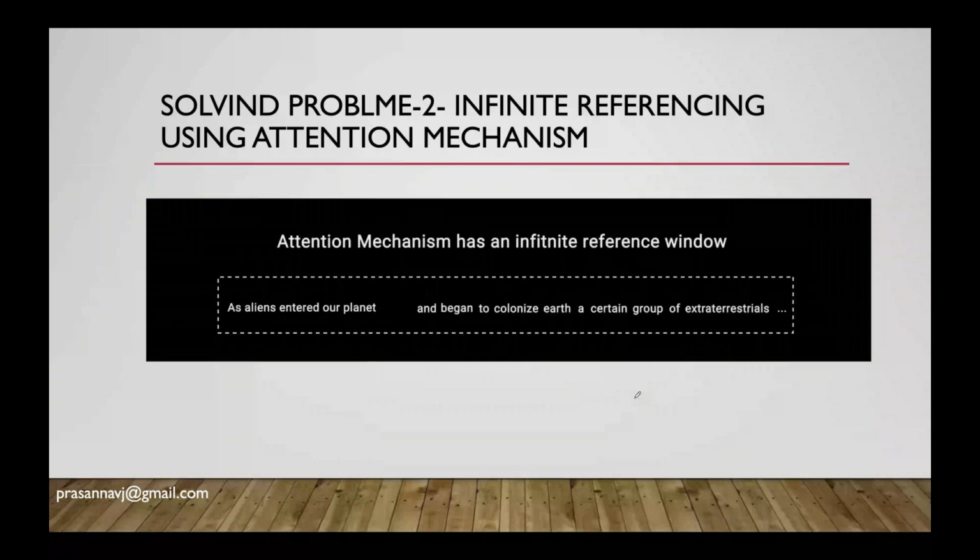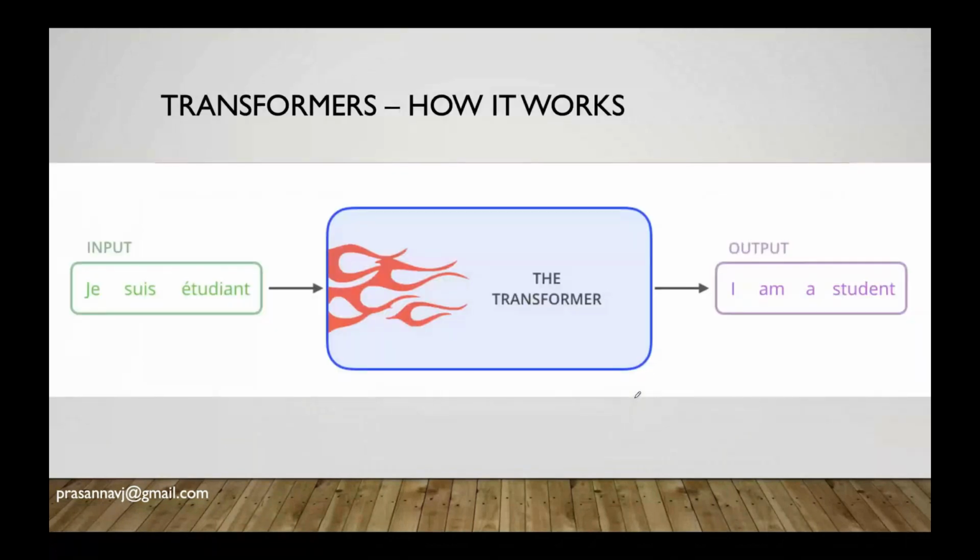So now let's look at how the transformer works. It works in a way similar to an RNN, but the architecture of the transformer is much more complex. You have some input and you need some output. The input to the transformer will spit out the output, whatever the scenario that you have.